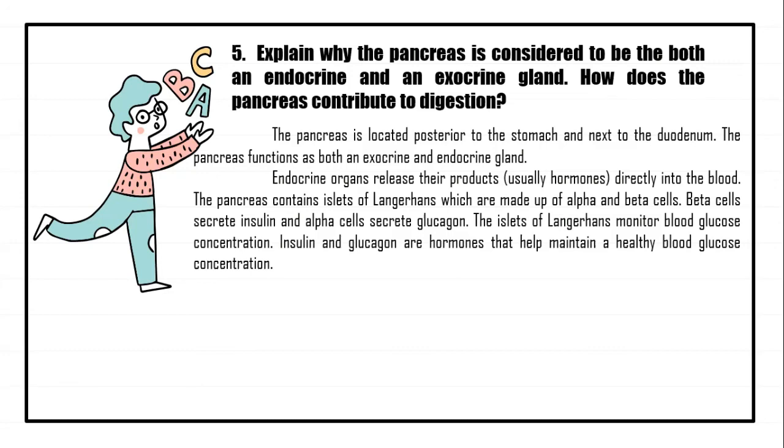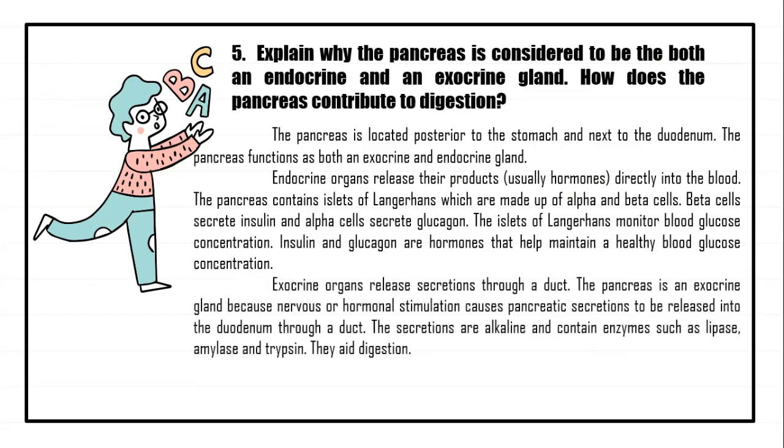So the islets of Langerhans monitor blood glucose concentration. The insulin and glucagon are hormones that help maintain a healthy blood glucose concentration. Next, exocrine organs release secretions through a duct.